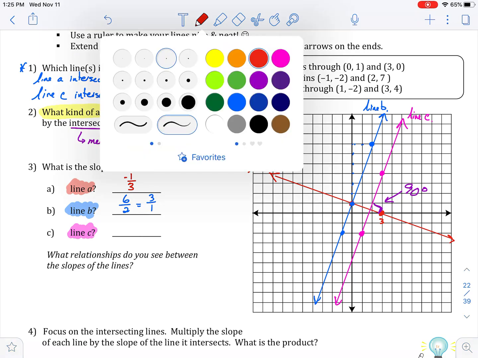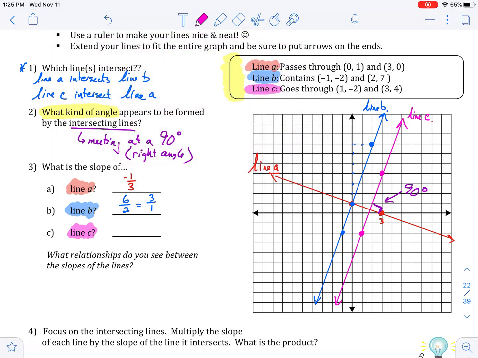And then last but not least, we want to count out line C. The slope on this one is going to be 1, 2, 3, 4, 5, 6 over 2, which is again 3 over 1.